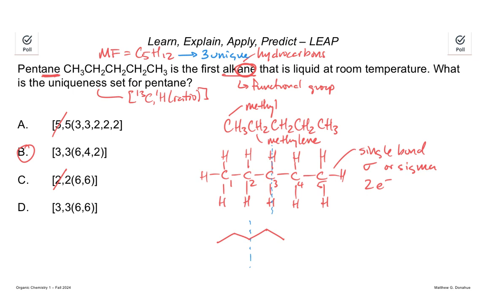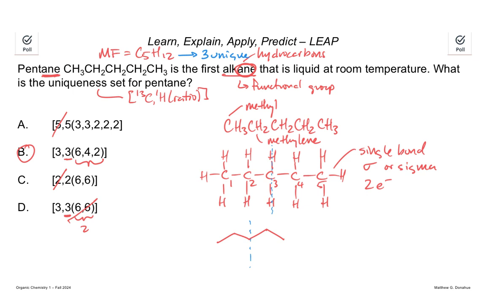To point out something that you can do to self-check: see this number here, 3. That means you have to report 3 numbers here. So if we look at choice D, see how that's 3, but there's only 2 numbers there? That has to be wrong.